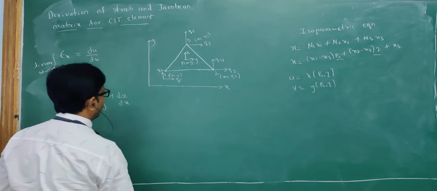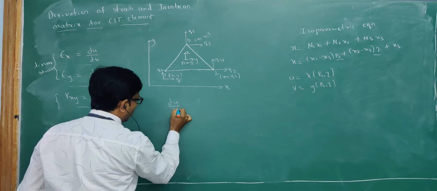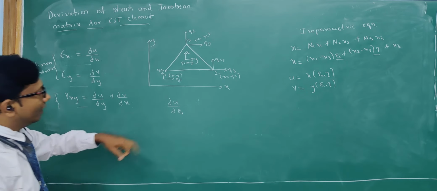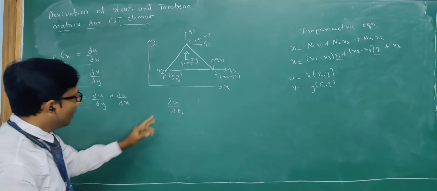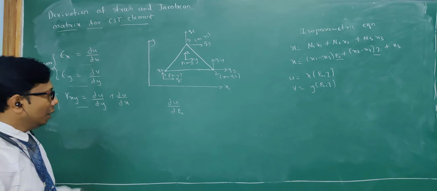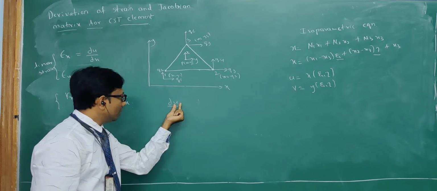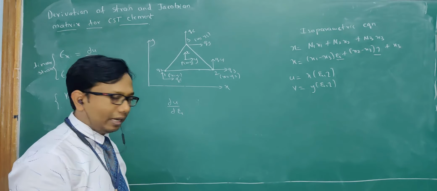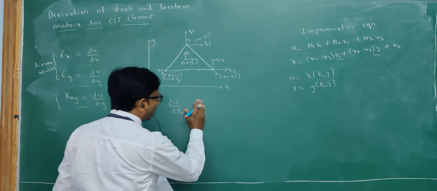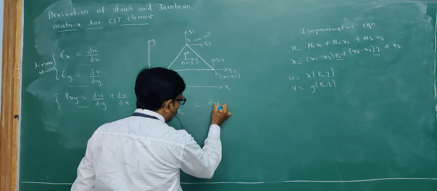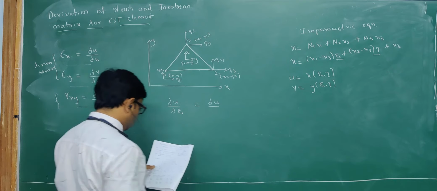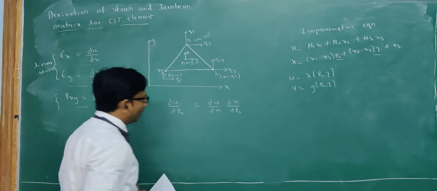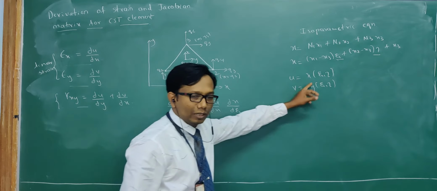If I want to write the equation dou u by dou zeta, now here if it is dou u by dou x, if I want to write it in the form of the natural coordinate system, I'll write it as dou u by dou zeta. You already know that u is a function of zeta as well as neta. So what we'll be doing here is writing it as dou u by dou x into dou x by dou zeta, because u is a function of x as well as zeta.